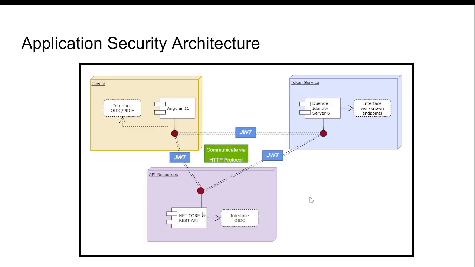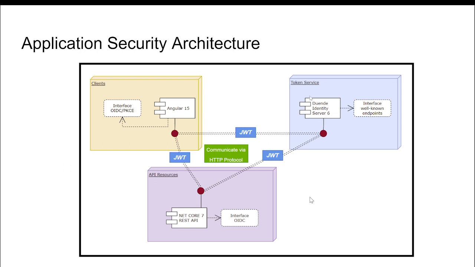All right. So when we look at a single page application such as Angular, the front end is really just JavaScript, and it uses HTTP to make web API calls to get the data. So in terms of security, the Angular application is going to make an HTTP call to the token service server over here, which is powered by Duende IdentityServer, so it can get the JSON web token.